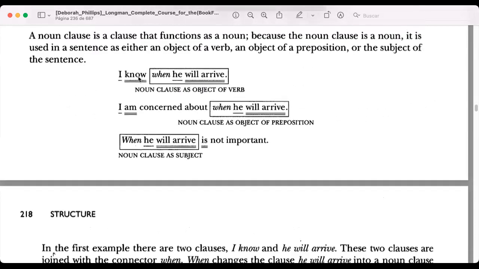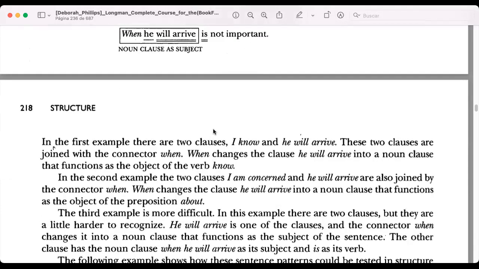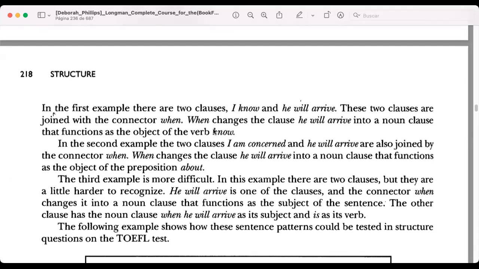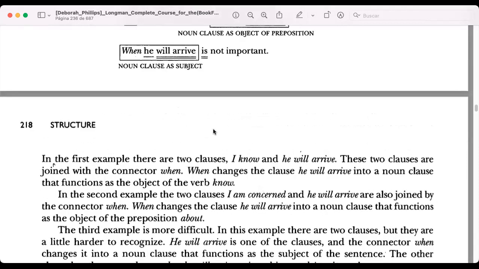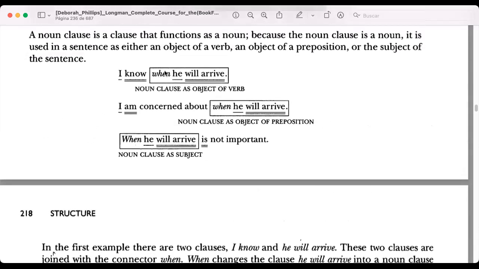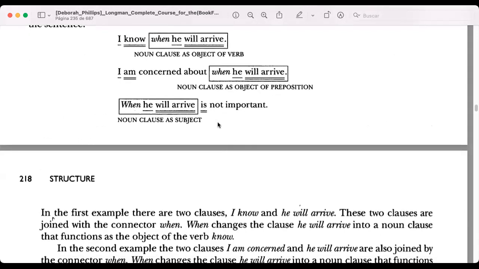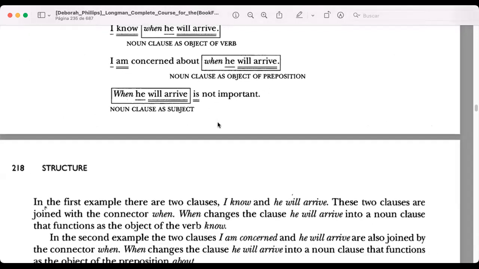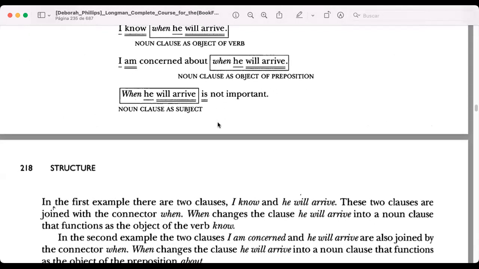These two clauses are joined with the connector when. When changes the clause he will arrive into a noun clause that functions as the object of the verb know.